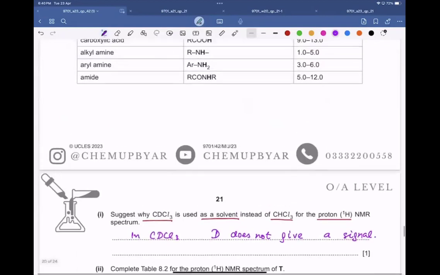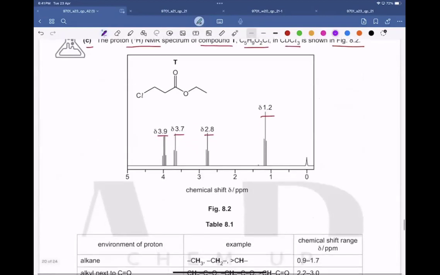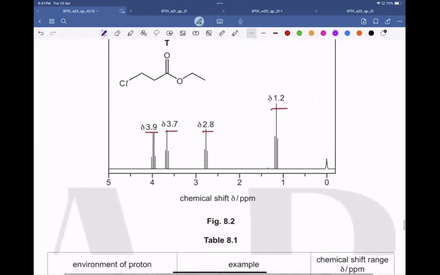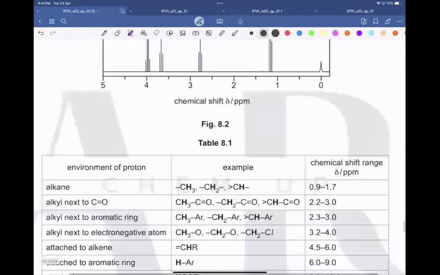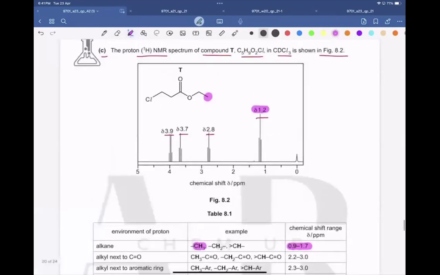Now, number of protons. Let me highlight with the carbon. This one is going to be this carbon because it's 1.2, which is in the alkane range. So it's an alkyl next to alkyl.